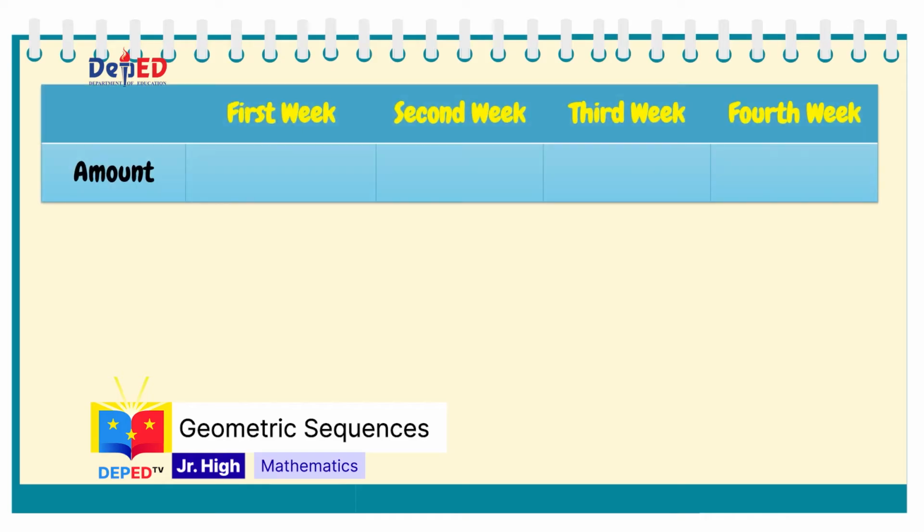Using this table, we can see in the first week, Joey saved 1 peso. For the second week, it became 2 pesos. For the third week, it became 4 pesos. And in the fourth week, it became 8 pesos.